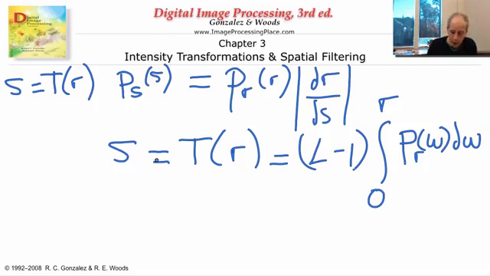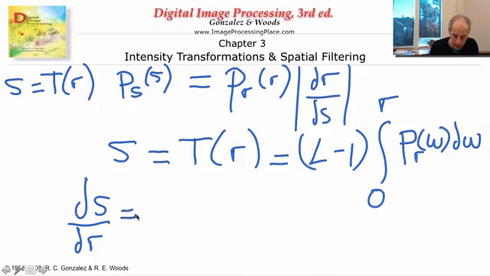In order to do that, I'm going to compute this derivative. And the basic idea is very simple. So we're going to actually do ds/dr. Now we have the explicit transform here, so we can compute this derivative.